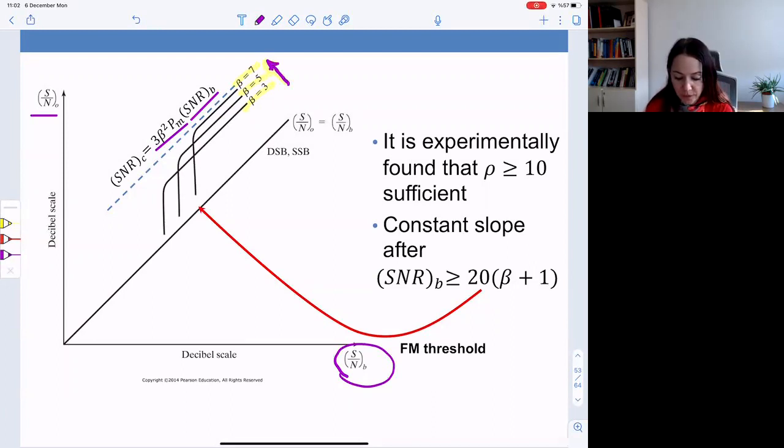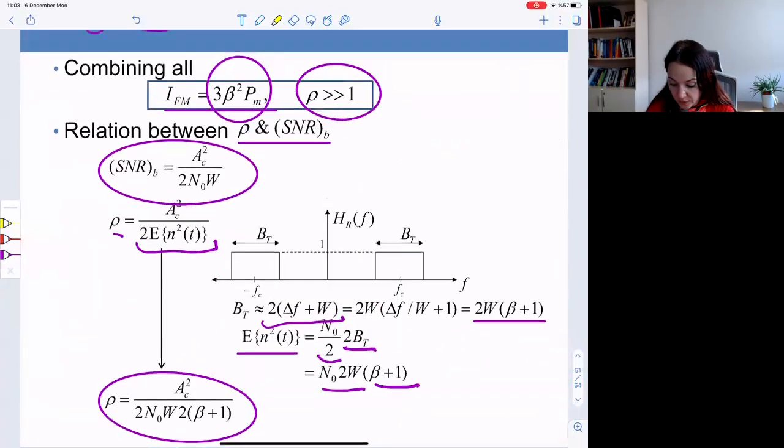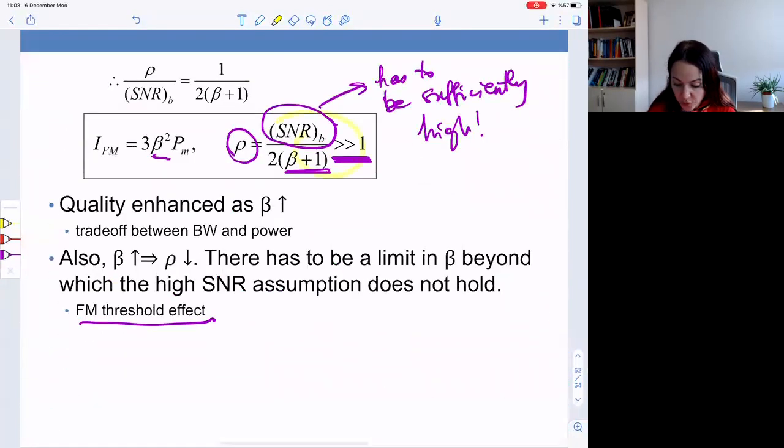Now, after a while, as SNRB is reduced below a certain value, for each beta value there is a certain point at which SNRB is too small, such that this is no longer satisfied.